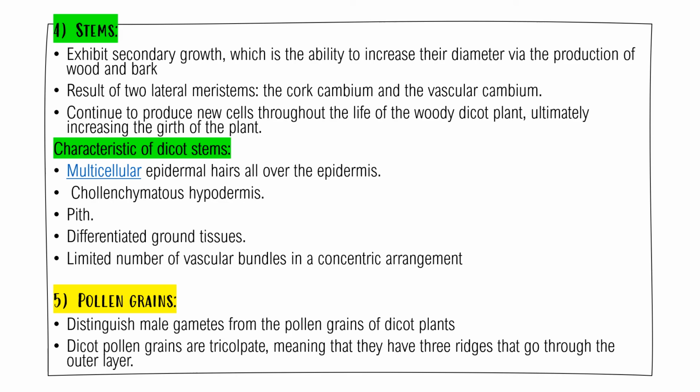If we look closely, dicot pollen grains are tricolpate, meaning that they have three ridges that go through the outer layer. This structure is derived from the first angiosperms, which had monocotyledon pollen grains having one ridge. The monocotyledon form, however, was not retained over the course of divergent evolution.